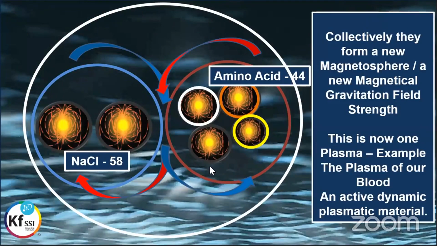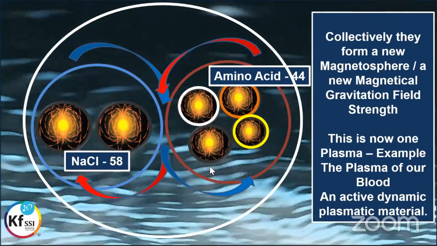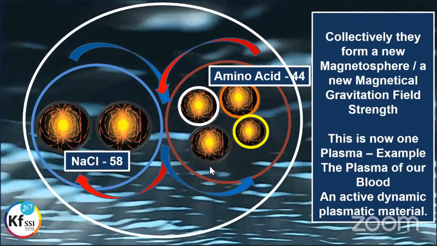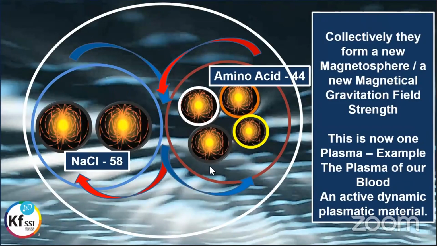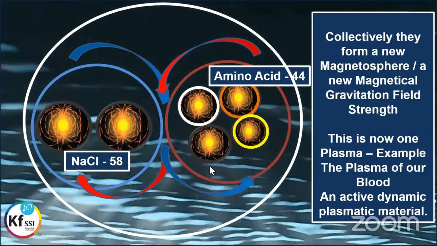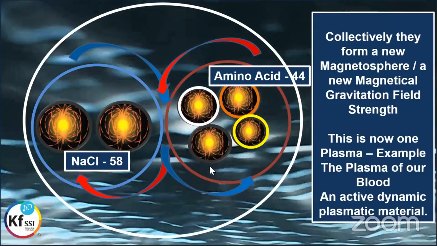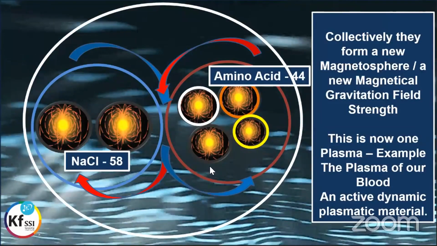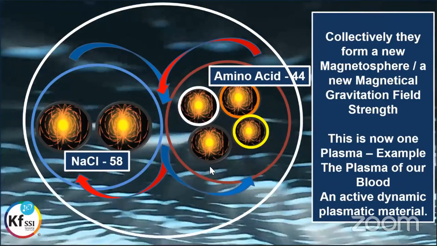So it becomes an active dynamic plasmatic material, and we have to start understanding what's really happening in the body in a Gans state. It's the interaction of the fields that come together, and that combination creates a new magnetosphere, what we know as the amino acid structure, or salt.